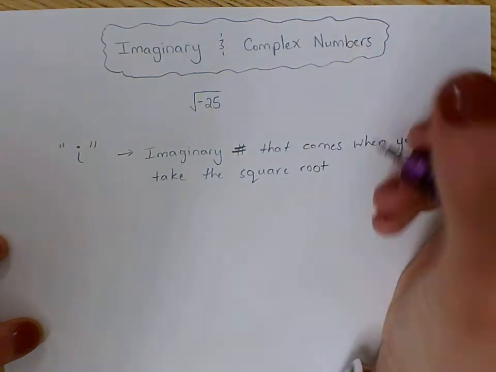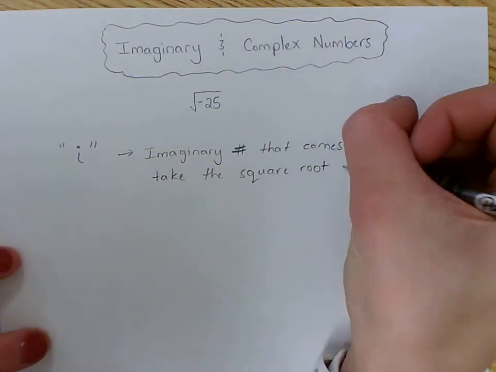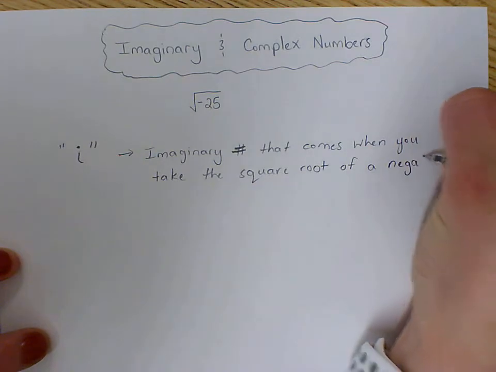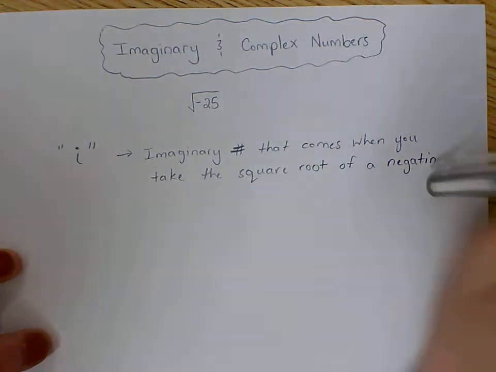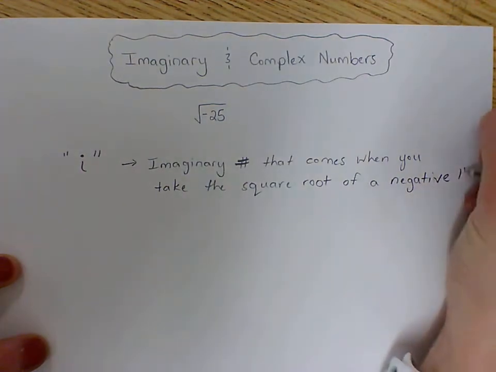This is what you write whenever you take the square root of a negative, and that's what pulls the negative out from under the root. So I'm going to show you how that works.